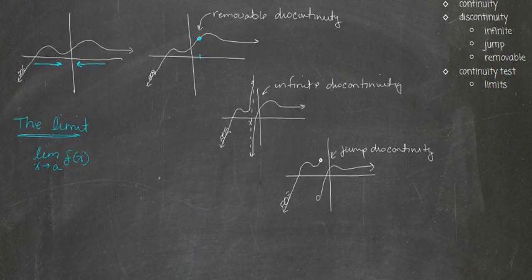So let's come down here and look at the removable discontinuity a little bit. I'm going to say the limit as x values approach a. So this is going to be a, where we know we have a problem. If I choose x values approaching a from the left-hand side, what's happening to the y values?